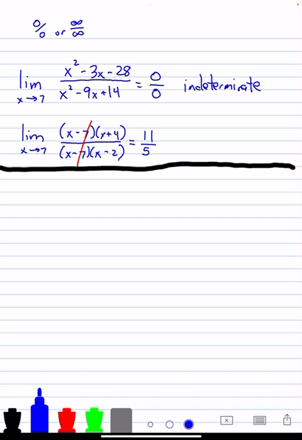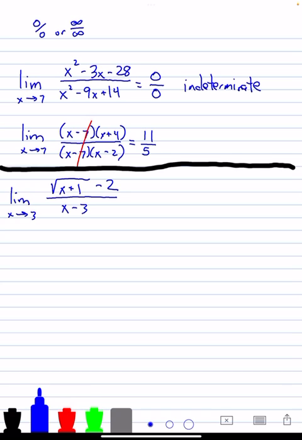We also want to look at this type of problem. Now, let's look at this one.